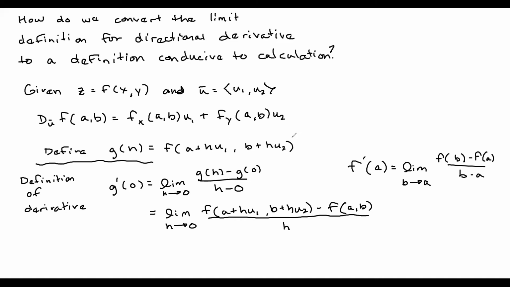It kills the h u1, kills the h u2, and you just get f of a b. That's the second piece here. So g of 0 does give us f of a b. g of h is clearly just substituting that in there. And so this tells us that g prime of 0 equals this, which is our definition for the derivative in the u direction for f, and so that would be at a b.